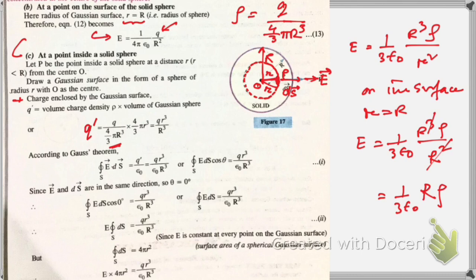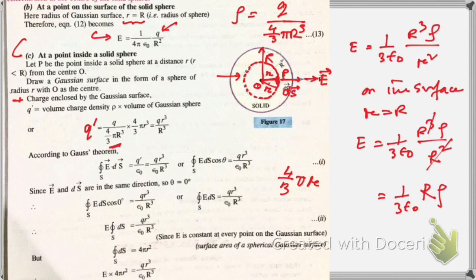What will be the charge enclosed by this Gaussian surface? The volume of the Gaussian surface is 4 by 3 pi small r cube, because small r is its radius. Volume into charge density gives you the charge enclosed by this Gaussian surface. Hope you have understood this.